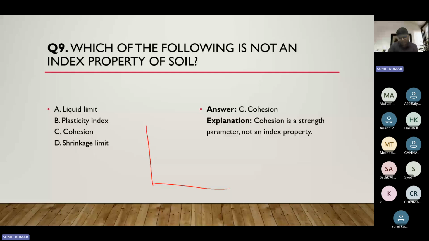Here the water content is there, here volume is there, and the graph is linear. Over here the shrinkage limit is there, then the plastic limit, then the liquid limit. So the term cohesion was not discussed over there at any point of time. Yes, this is the correct answer, right?